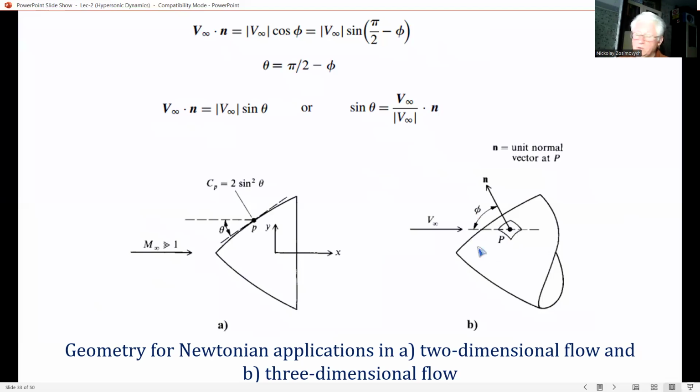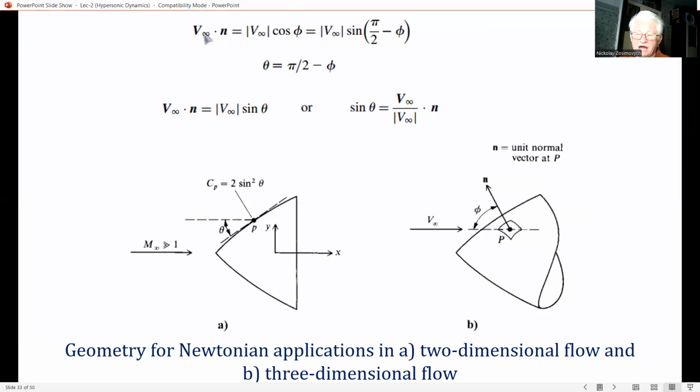Draw a unit normal vector n perpendicular to the surface at the point P, and consider the free stream velocity as a vector V infinity. Then, by the definition of the vector dot product, and using a trigonometric identity, we can obtain our first expression here on the top.